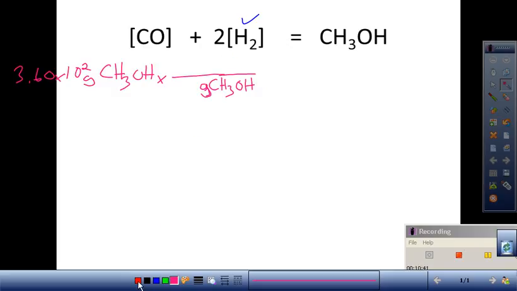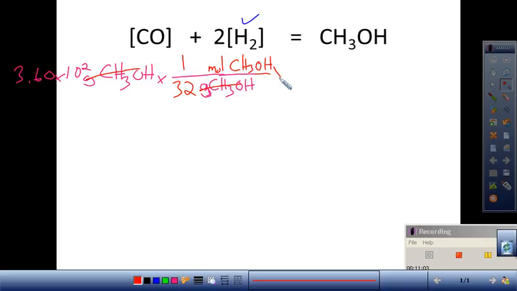Now grams, I can only change grams to one thing, and that's moles. Grams to moles, and it has to be the same chemical. It's always 1 mole for grams. We already computed this on the last problem, so I'm just going to repeat that, 32 grams. We get that from the periodic table. So now I'm in moles of this stuff.